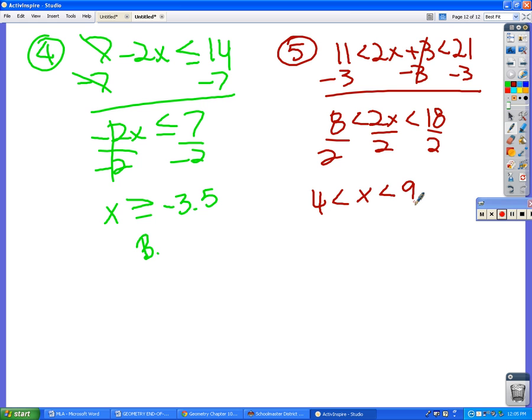All right, 2 more quick ones. Okay, these are pretty straightforward. You just have to solve 2 of them at the same time. So if I'm going to solve 2x plus 1 is less than 1, what do I do?